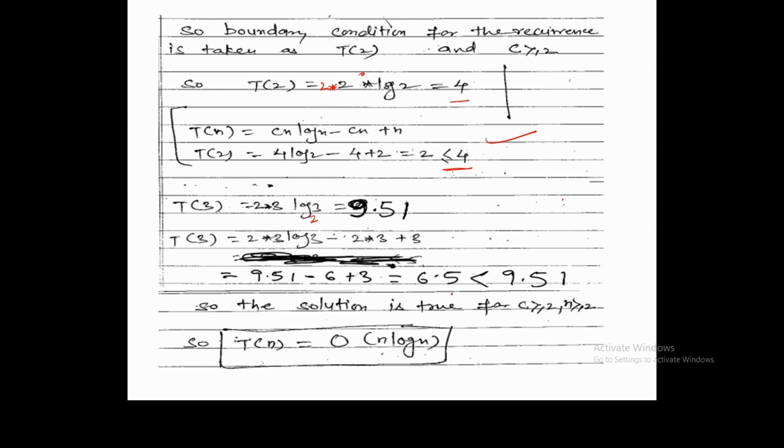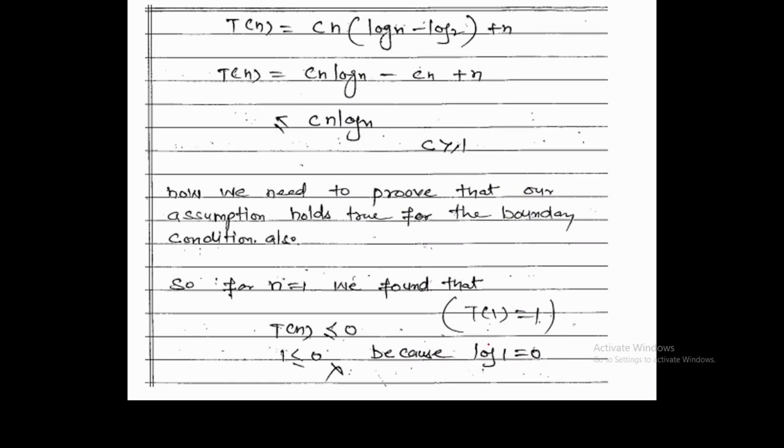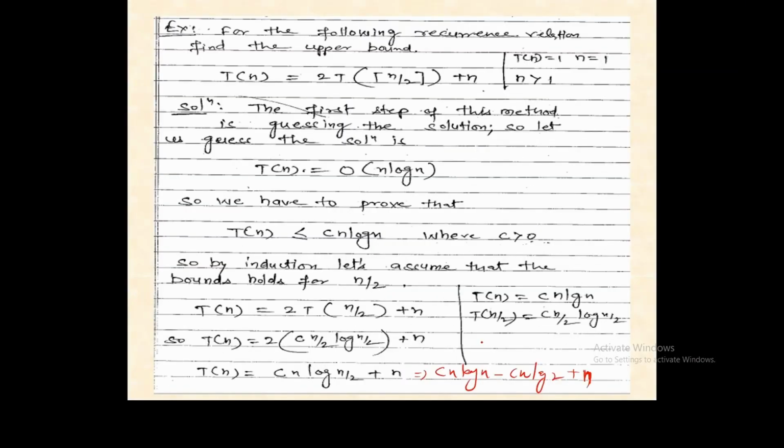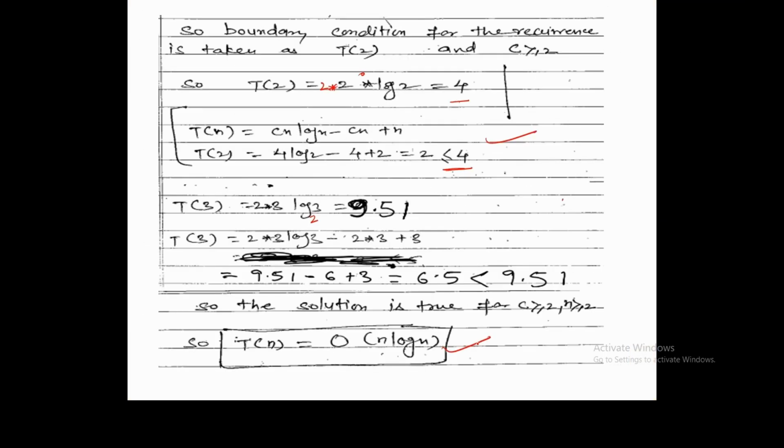So it is also less than 9.51. So the solution is true for c greater than or equal to 2 and n greater than or equal to 2. So we can say that our guessed solution T(n) equals O(n log n) holds true. This is the method for solving the recurrence relation using the substitution method.